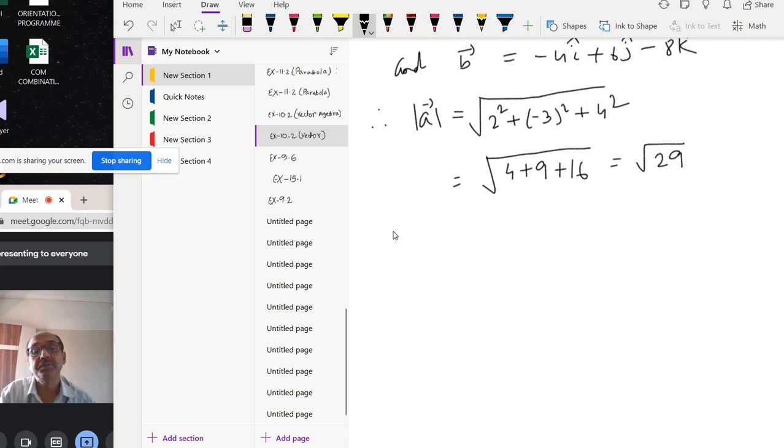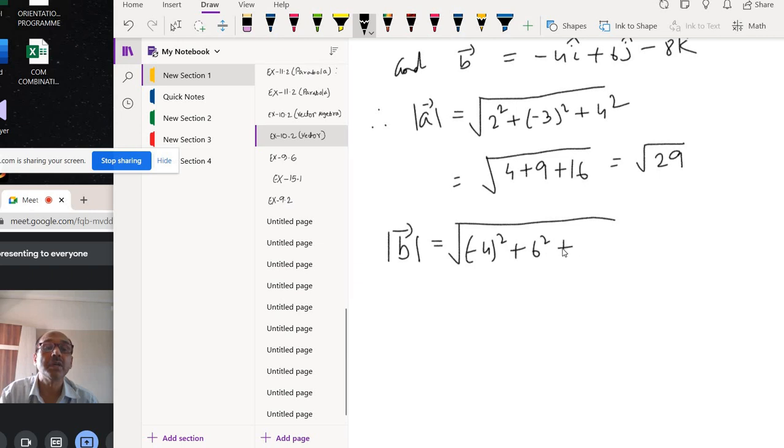Then magnitude of B, under root, coefficient of i is minus 4, that is minus 4 whole square, plus 6 square, plus minus 8 whole square, equal to 4 square is 16, under root 16 plus 36 plus 64.